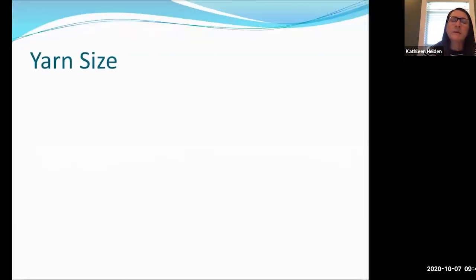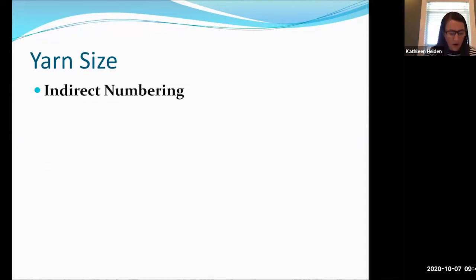All right, so we have twist, and then we have yarn size, okay? When we're talking about yarn size, we're talking about the denier of that yarn, or the diameter of that yarn. And when we talk about yarn size, we have 2 ways of doing that. We have an indirect numbering system, and this is used for our natural fibers.